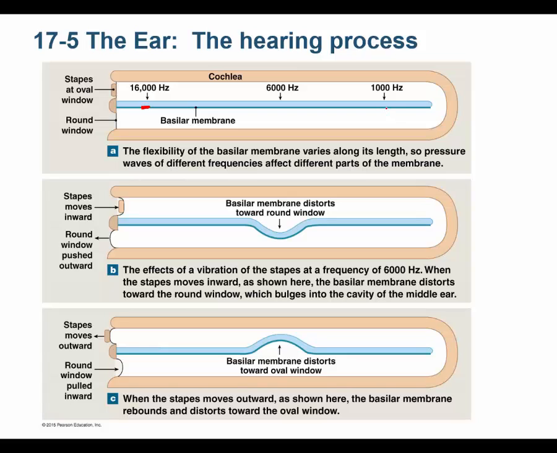I have longer hair cells in my basilar membrane towards the end of my cochlea. So I really send a signal for high frequency sounds from the beginning of my cochlea, and I send information for low frequency sounds from the end of my cochlea. All right, so you can see the 16,000 hertz is high frequency and 1,000 hertz is low frequency.